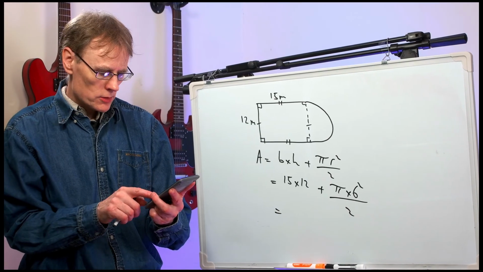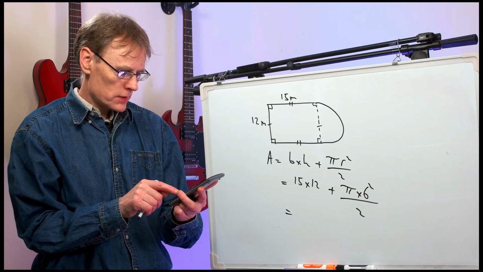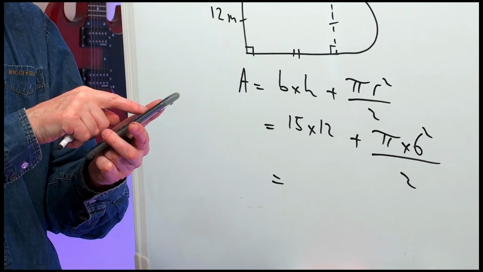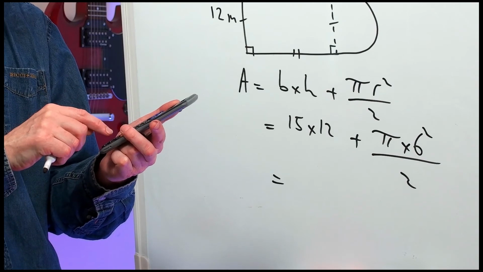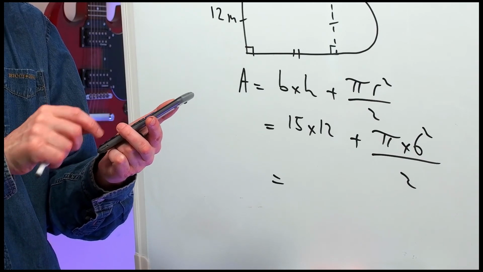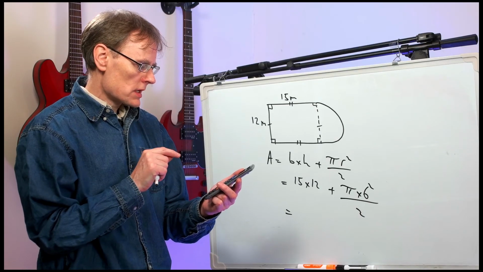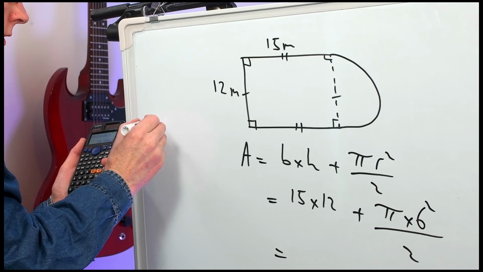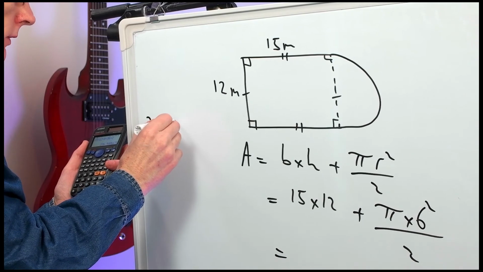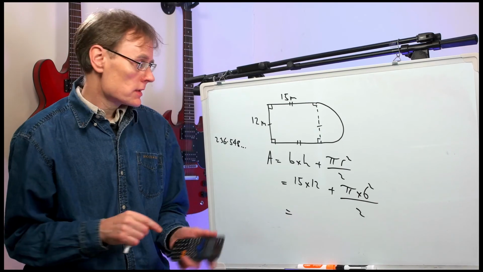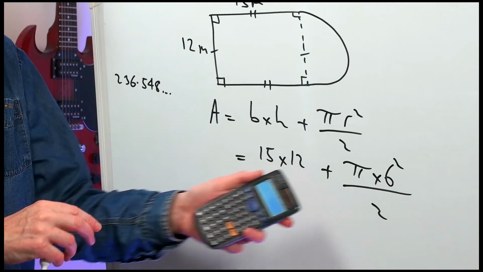So you can type that into your calculator all in one go. 15 times 12 plus pi times, I'm going to say 36 divided by 2. That says 236.548. It's always a good idea to try these things twice in your calculator. So let's do it another way.